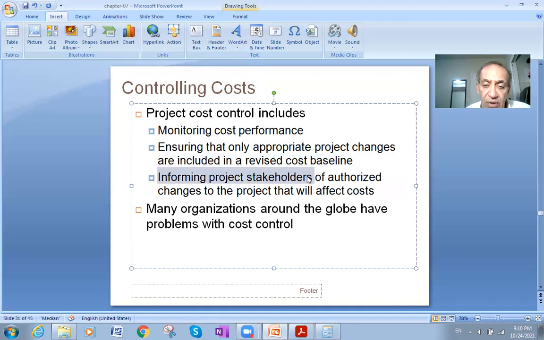Informing project stakeholders, and we said before the word stakeholders means anyone who has benefit, simply anyone who has benefit to deal with the organization or our entity or our business, either direct or indirect, who's having benefits in dealing with the organization. So informing project stakeholders of authorized changes to the project that will affect the cost.